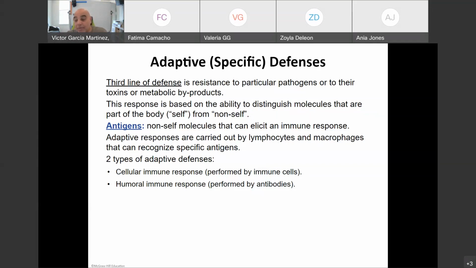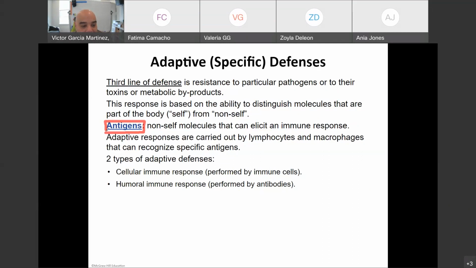Then we're able to identify which is a strange cell, and we're going to try to destroy that cell. Because we cannot destroy our own cells, we need to be able to distinguish between what is own and what is strange.